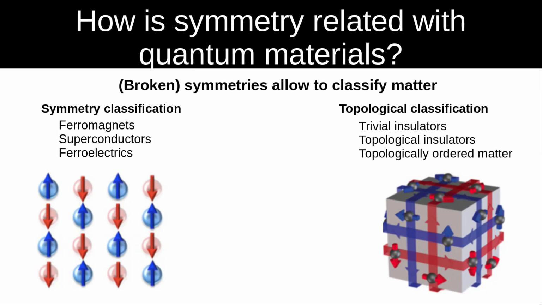And these materials are called topological materials. They are called topological insulators. So the basic idea is that you may have materials that have exactly the same broken symmetries, and yet their properties are dramatically different due to them belonging to different topological classifications.